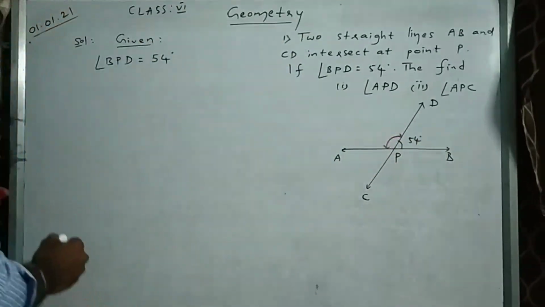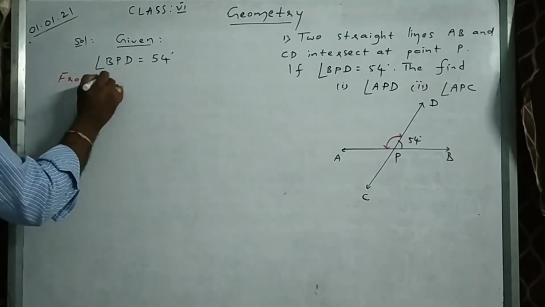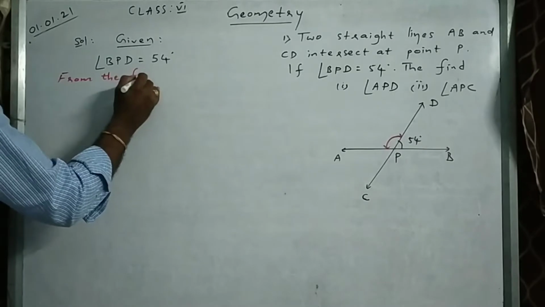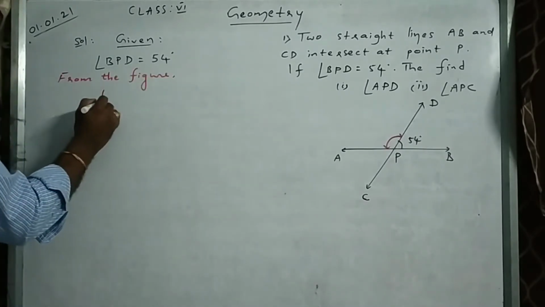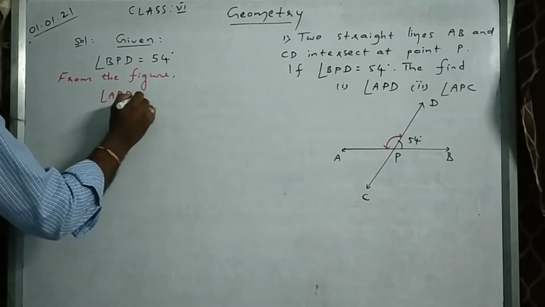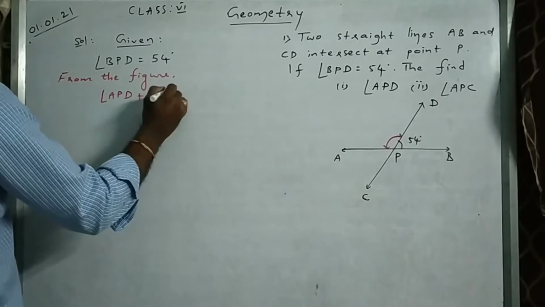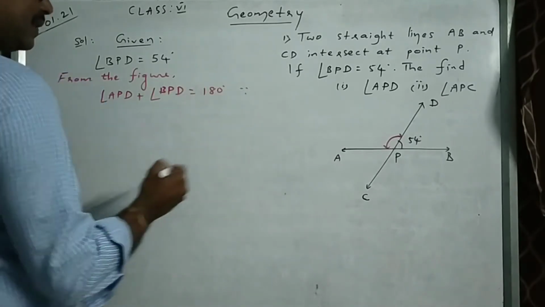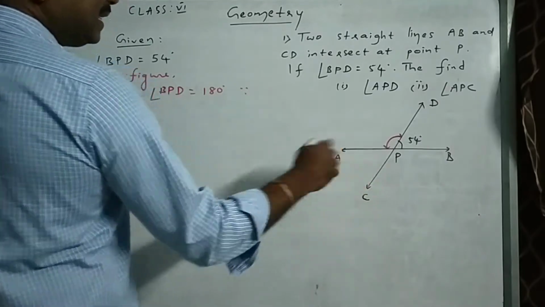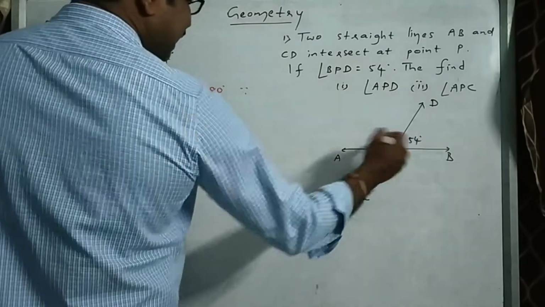Okay. So from the figure, I can write angle APD plus angle BPD equal to how much? 180 degrees, since they form adjacent angles side by side, a linear pair.